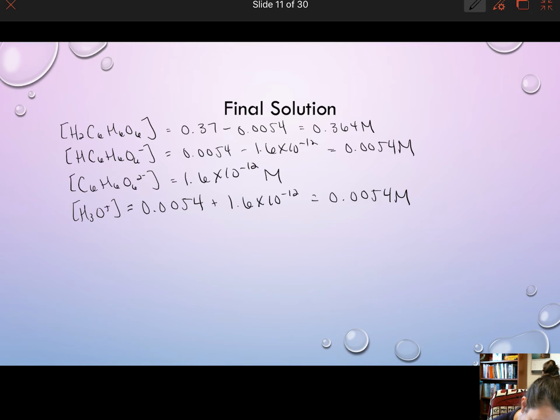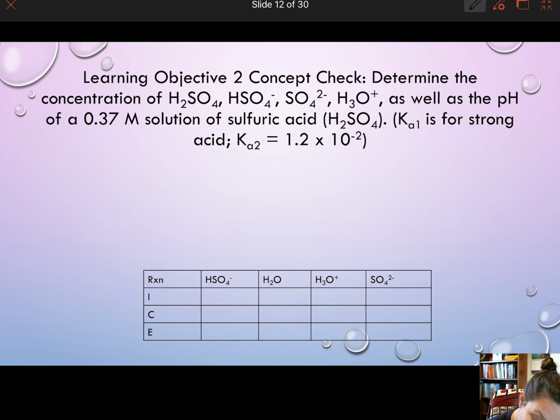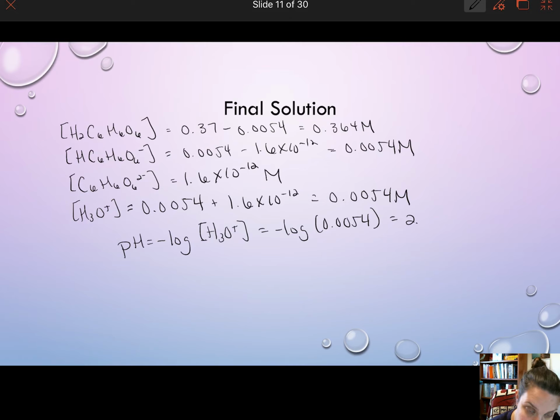Now we can take the pH equal to negative log hydronium concentration, which gives us negative log 0.0054, giving us a value of 2.27.